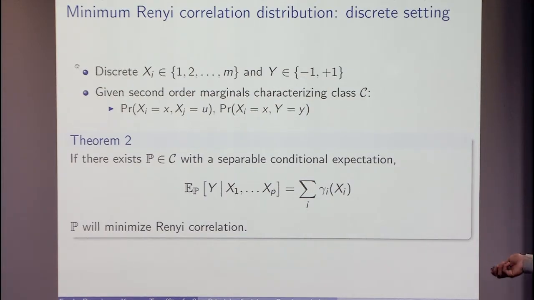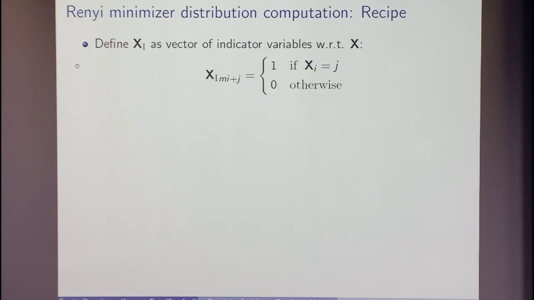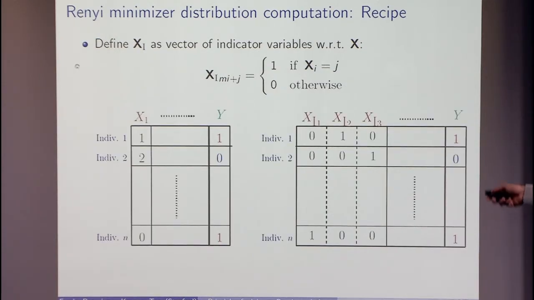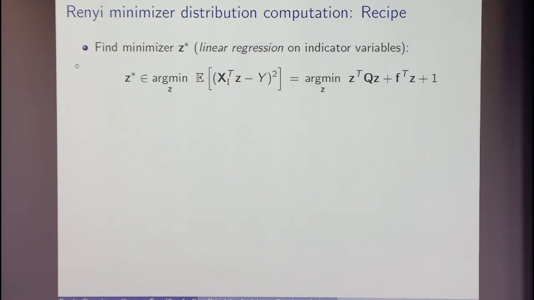Now I want to provide you with the recipe to find the conditional distribution of y given xi. The recipe is that we shift to indicator variables. So we have this vector x, and we build this vector of indicator variables like this. As an example, here we have this x1 for individuals in the GWAS setting. We shift to these indicator variables. You can see the connection here. And now, having this vector of indicator variables, I find the minimizer z star to this optimization problem.